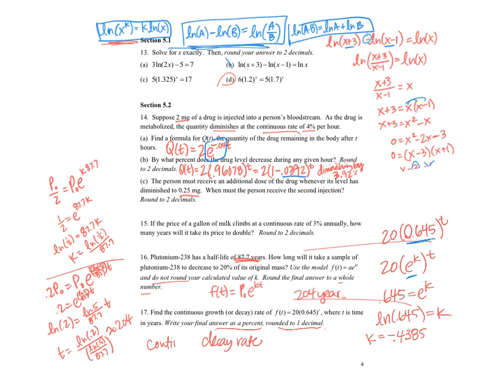The continuous decay rate is 43.9%. So saying the word decay there is including that negative. If I wanted to say it was a continuous growth rate, then I could say it was negative 43.9. But since I'm saying decay rate, then I'm already implying the negative there.